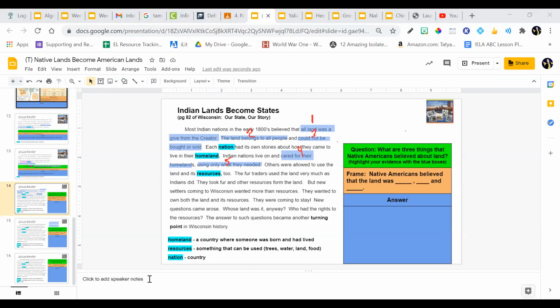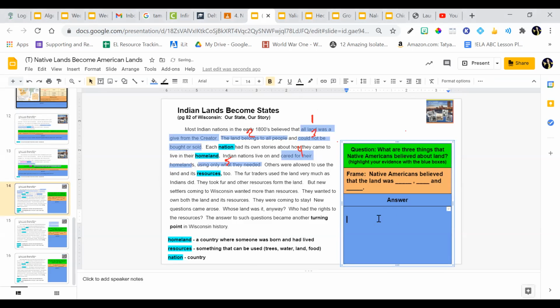Now maybe Yalian or Hector or Groven, you guys want to jump in? Tell us, how do we write our answer now? I hear somebody there. How do I write my answer? I'm going to use my frame here to write my answer.